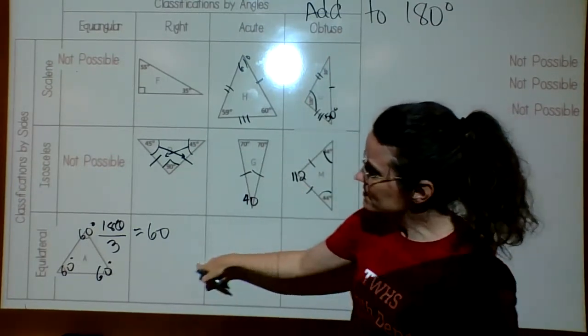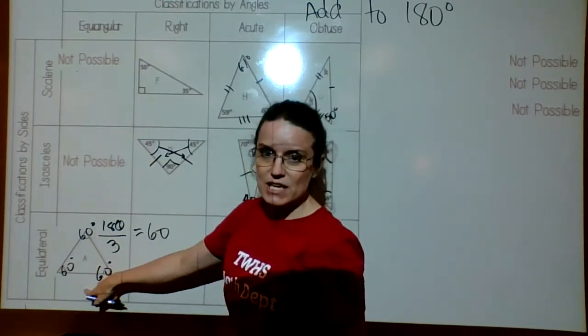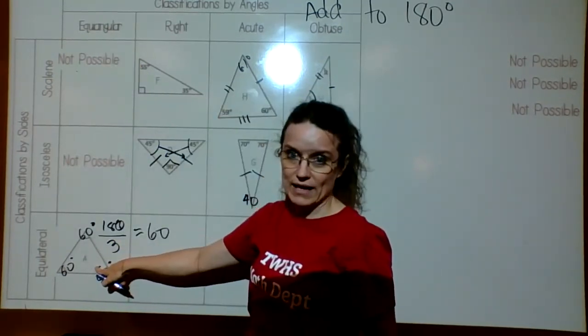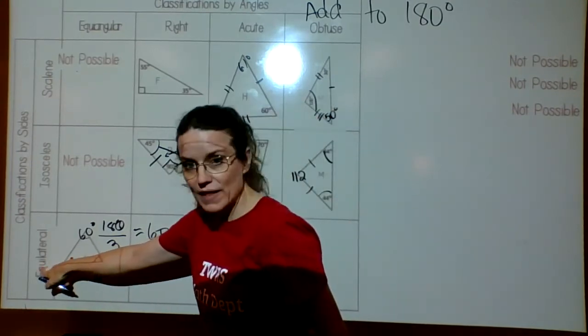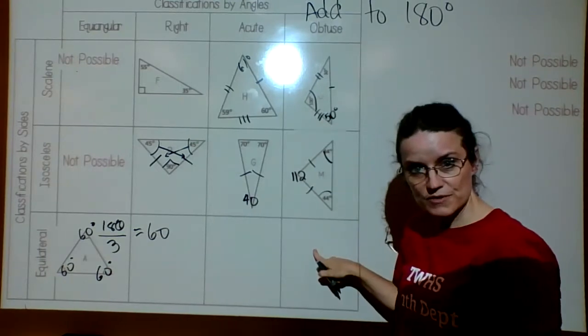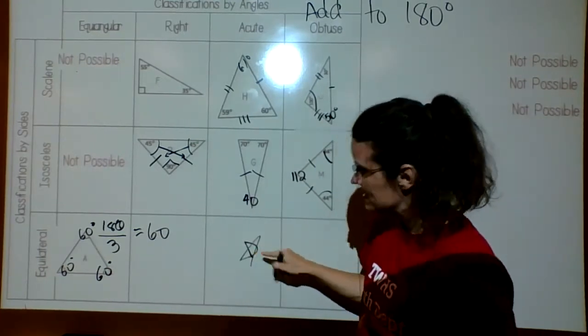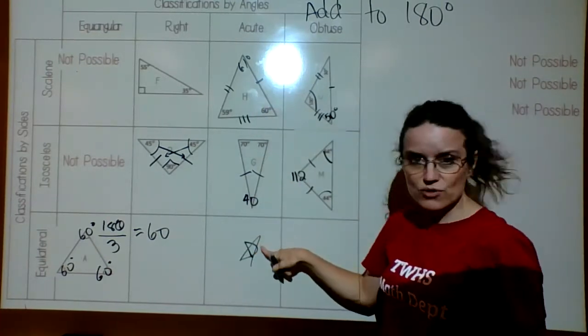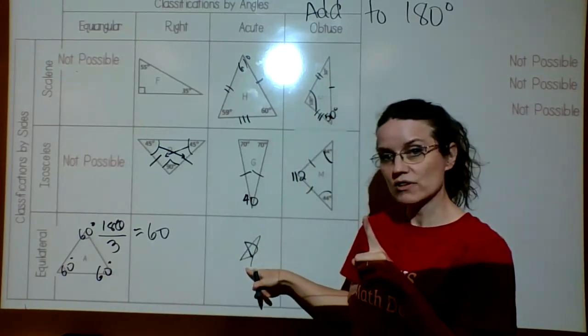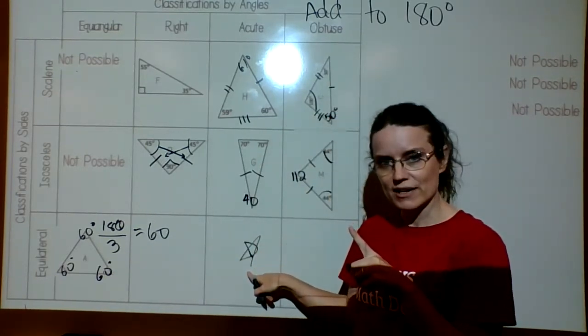Now what about all these guys over here? Well, if I'm equiangular, the only kind of sides I can have are equilateral. And then if I'm equilateral, I cannot be right or obtuse. Now here's the special thing. This guy right here is acute. Yes, equilateral triangles are a special kind of acute triangle.